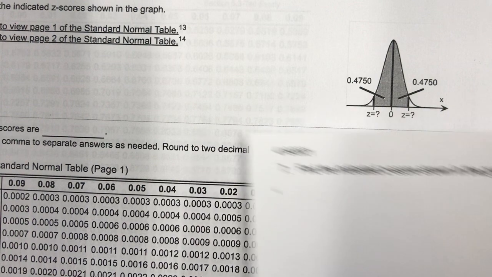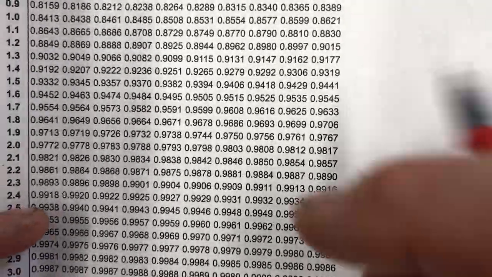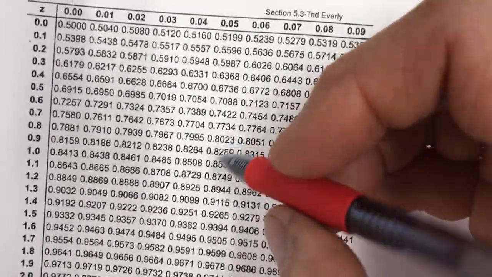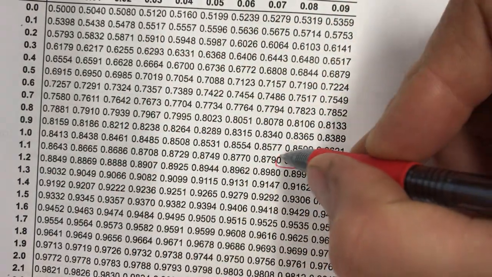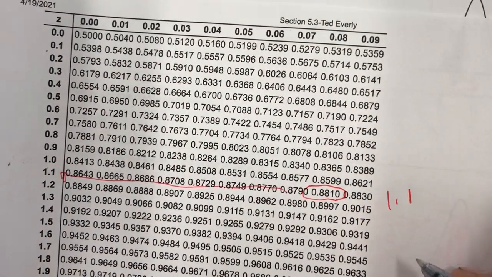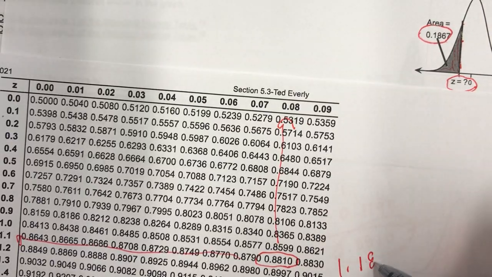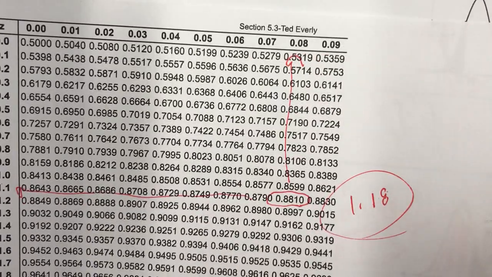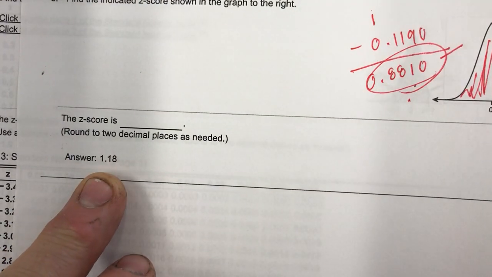All right, so here, let's get this other table. 0.8810 is on this one. 0.88, there it is, right there, 8810. So this first is 1.1, and then right here that's 0.08. So that should be 1.18, which is what the answer says right here.